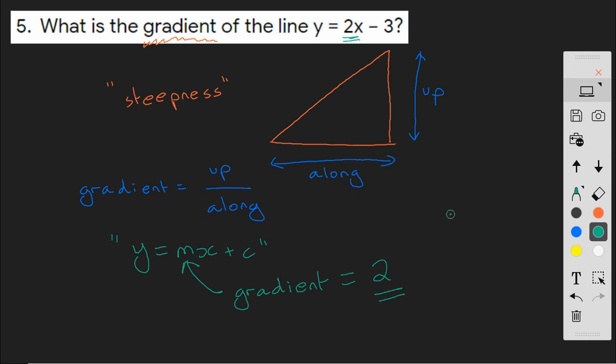Now obviously gradient is a rather complicated topic, and I've put a little bit of it on the slide here, but this question is really looking to see whether we've understood this concept of y equals mx plus c, because if we have, we'll just be able to lift the gradient out as 2, and we'd also maybe have an idea as to what this minus 3 represents as well.